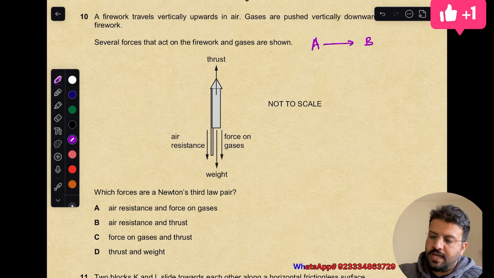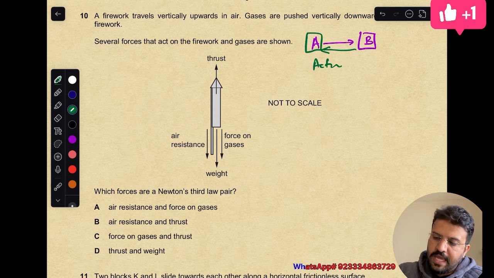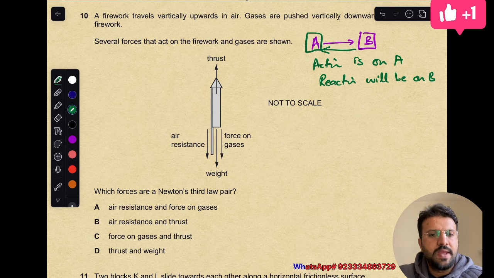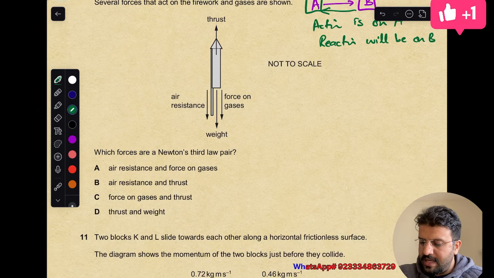If object A is applying a force on B, then B will apply a force on A. Action is on B if A, the reaction will be on object B. It will not be on the same object. So if you see in the first case, air resistance and force on gases, it's not making the pair.